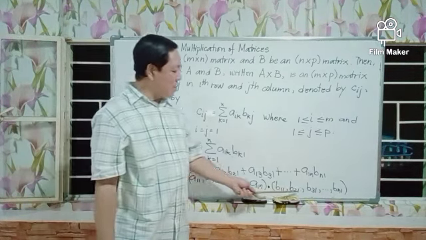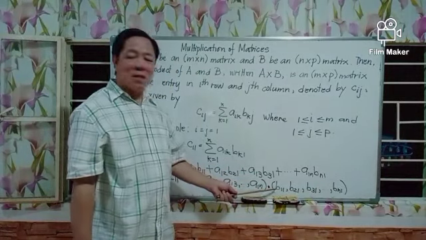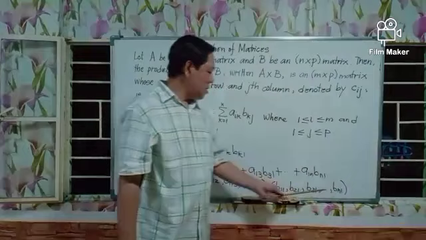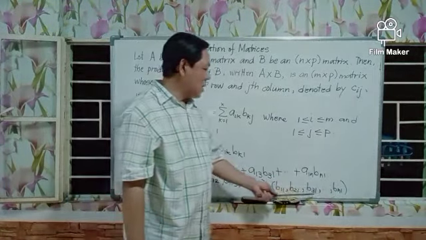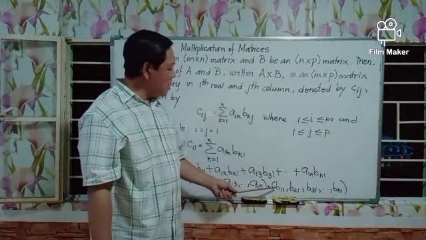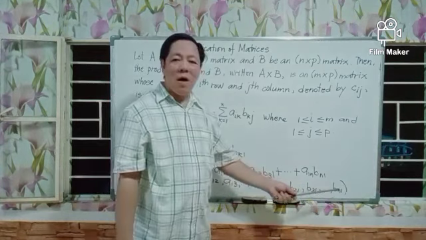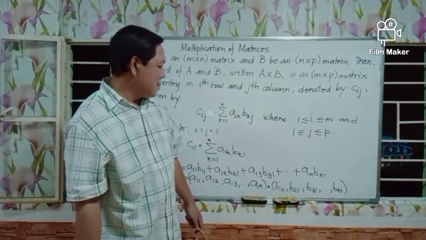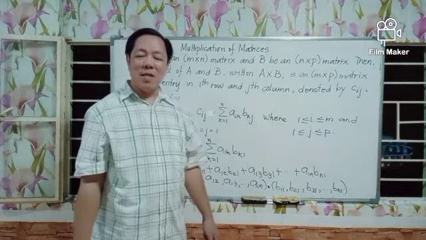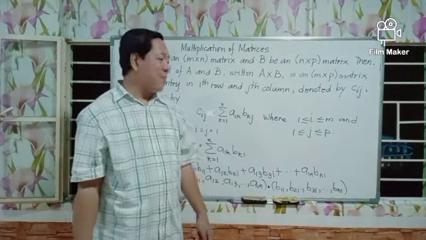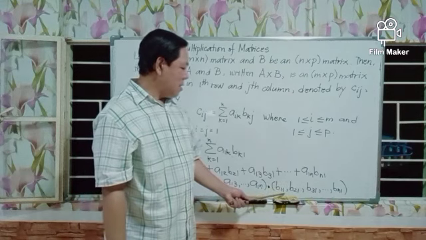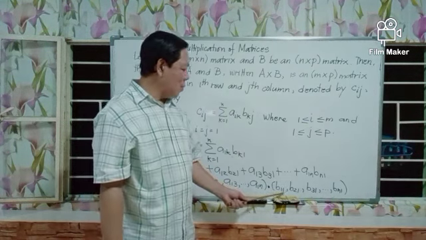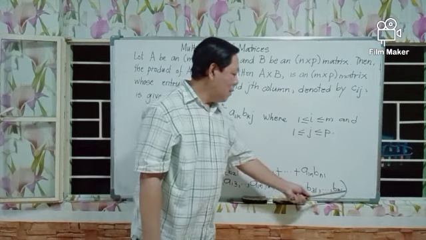And the second vector is also an n-tuple because it has n coordinates, 1, 2, 3, up to n. And these coordinates of the second vector are actually the entries in the first column of matrix B. If you notice, all the second subscripts are the same: 1, 1, 1, 1.